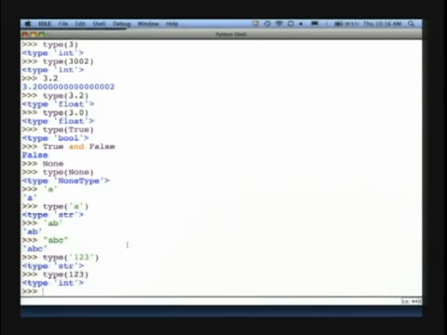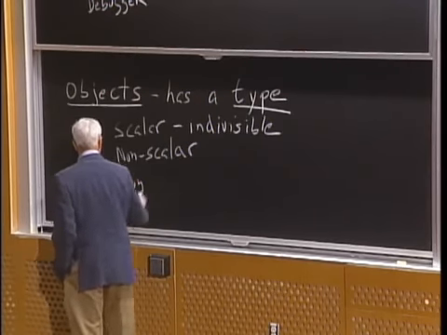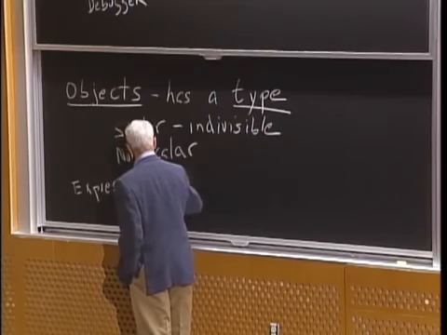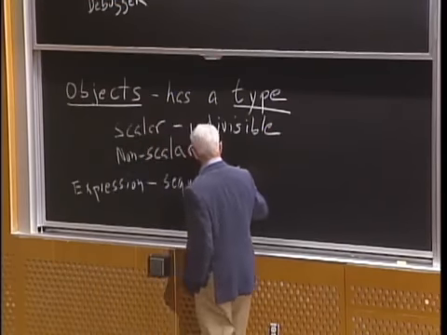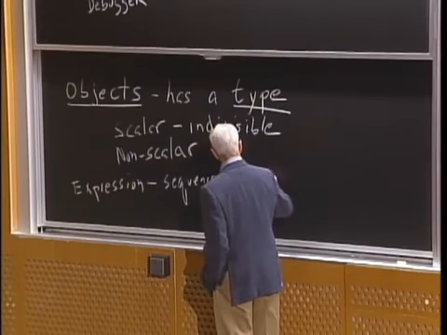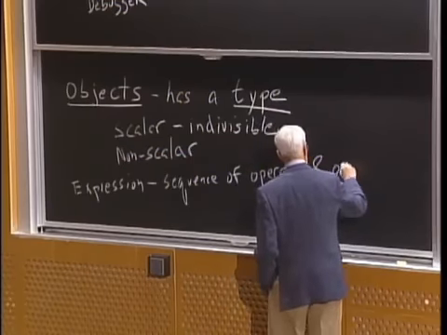You can only get so far with literals, things you can type. So of course, Python has in it something called an expression. Again, this shouldn't surprise anybody. And an expression is a sequence of operands and operators.